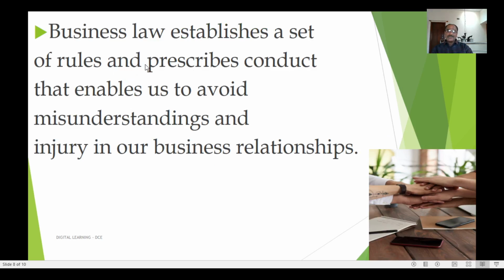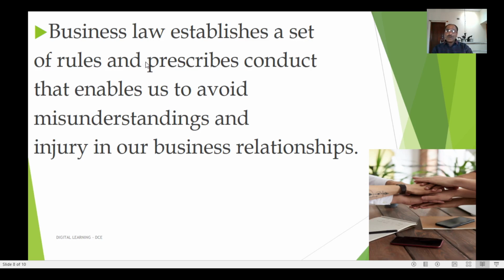Otherwise, if they ignore the law relating to business, they will definitely face many practical difficulties. They will incur losses, and they may reach a position where they have to close their businesses in a short span of time.